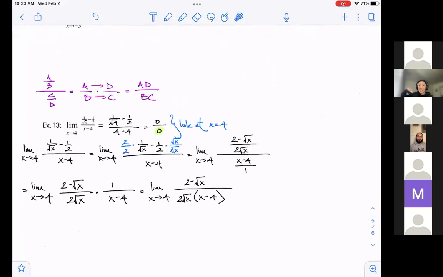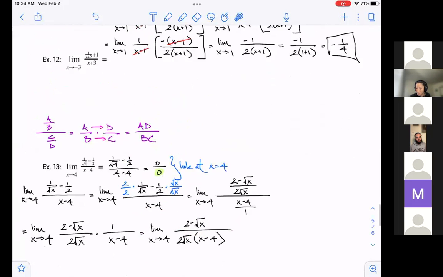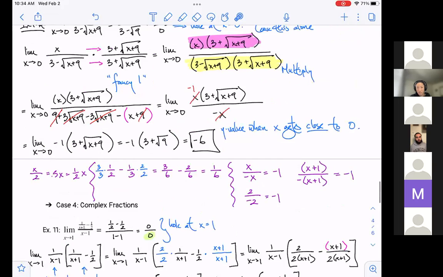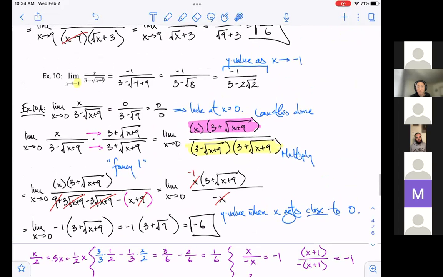All right. So we've done all of this work, but we haven't gotten to a point where anything cancels out, right? So we're not done patching in that pothole yet. But you know what this question looks like right now? This 2 minus square root of x looks like questions that we saw earlier, right?